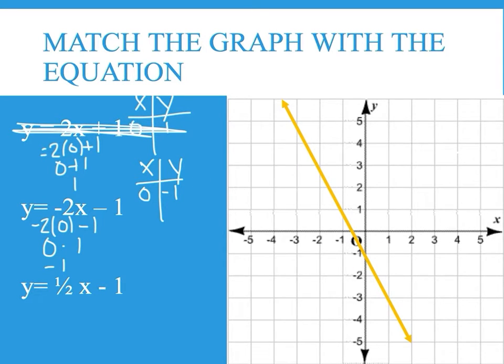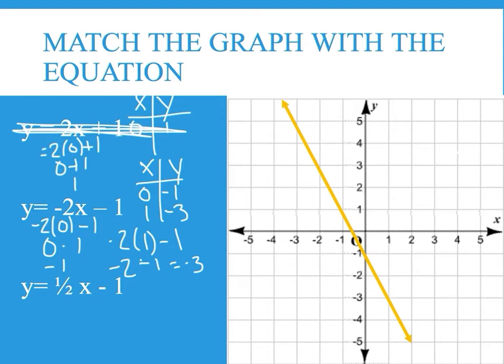We're good. Now let's check, how about positive 1? If we check positive 1, that'd be negative 2 times positive 1 minus 1. That's negative 2 minus 1, which equals negative 3. So here we need negative 3 at positive 1. At positive 1, you can see that we're at negative 3.